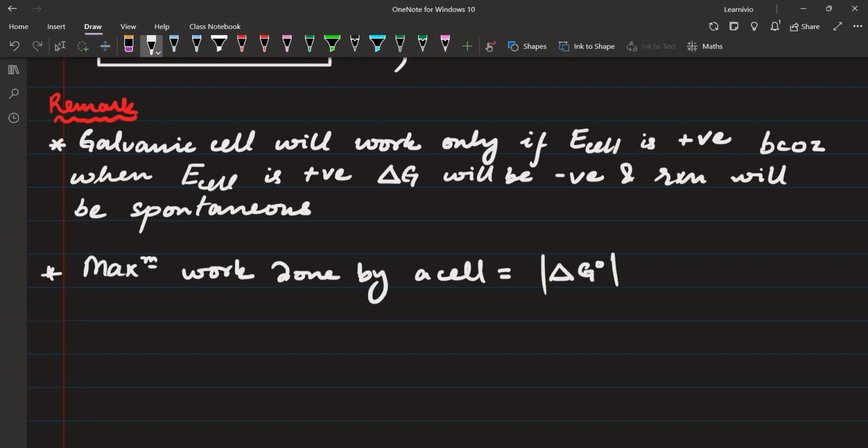Mod means we are just converting the negative to positive, so it is the mod of minus nFE naught cell. Basically you calculate minus nFE naught cell, that value will be negative, just convert it to positive. The maximum work done will be positive. Delta G will be negative. If delta G is negative, the work done will be positive.